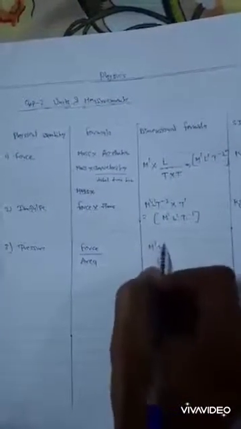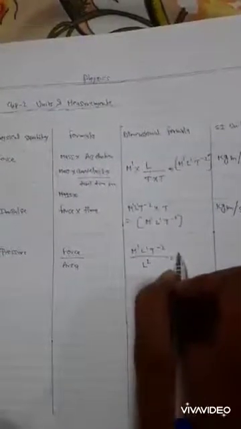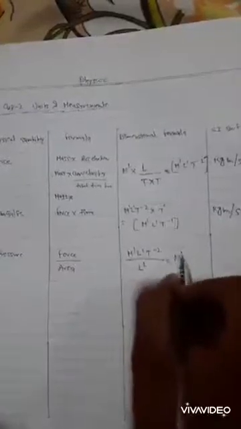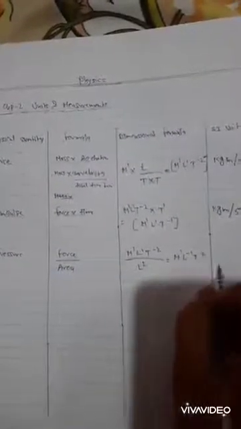So the formula of pressure is force by area. We know the dimension of force, we know the dimension of area, that is L2. So the final dimension of pressure will be M1 L minus 1 T minus 2.